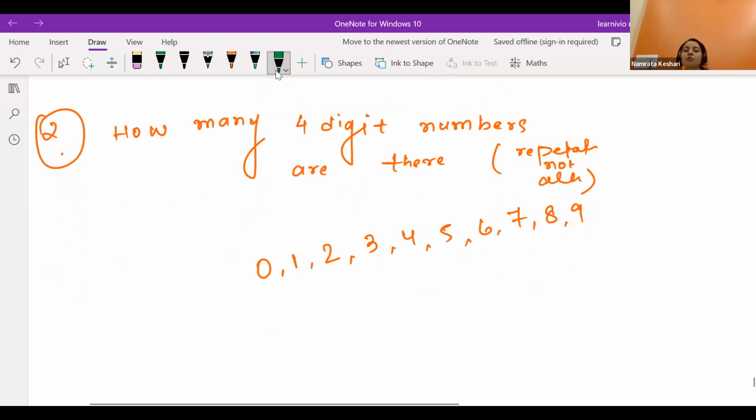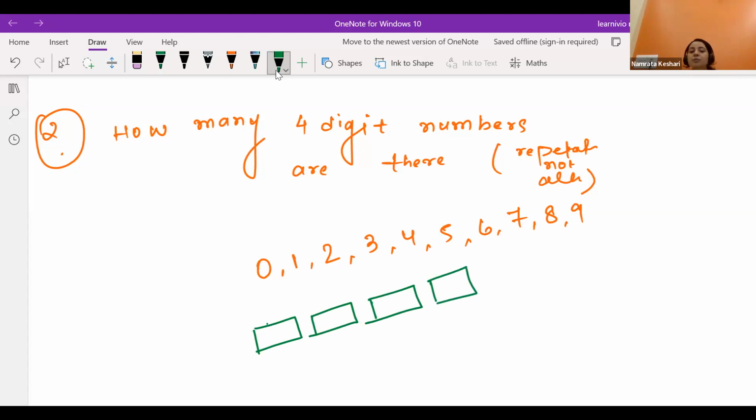Now here we can use the formula, but the space filling method will give us more clarity. Why? Because we want to create a 4 digit number, and we can think like this: the first digit can't be 0, right, Alina?